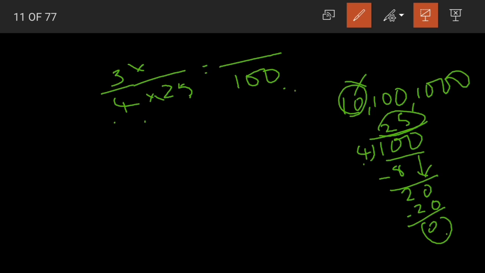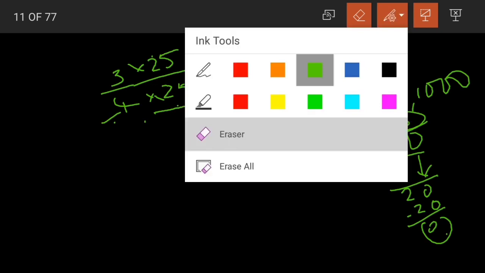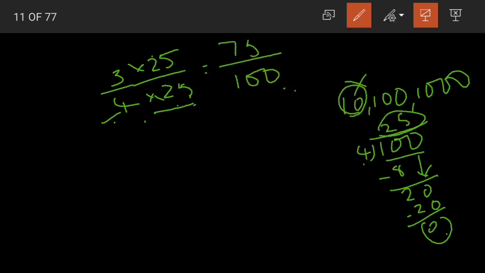Now as we have multiplied by 25 in the denominator, we have to do the same with the numerator. So 3 into 25 is equal to 75. So 75 becomes the numerator and 4 into 25 is our 100.